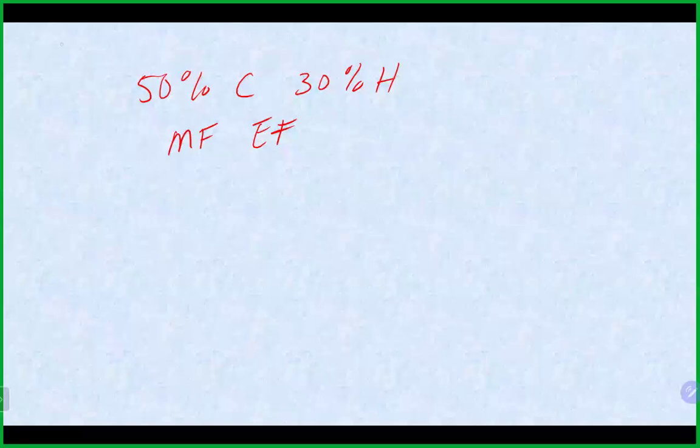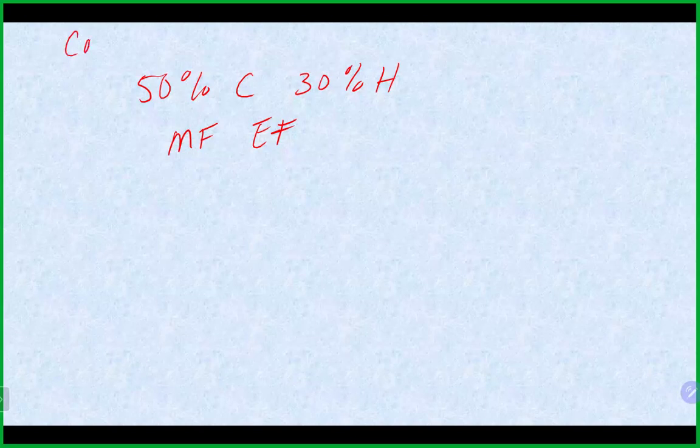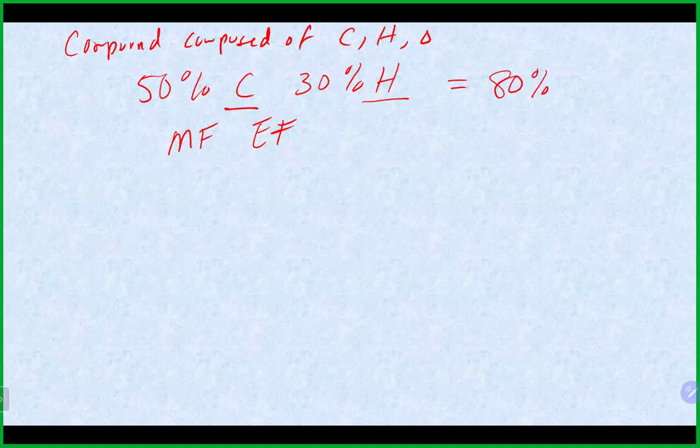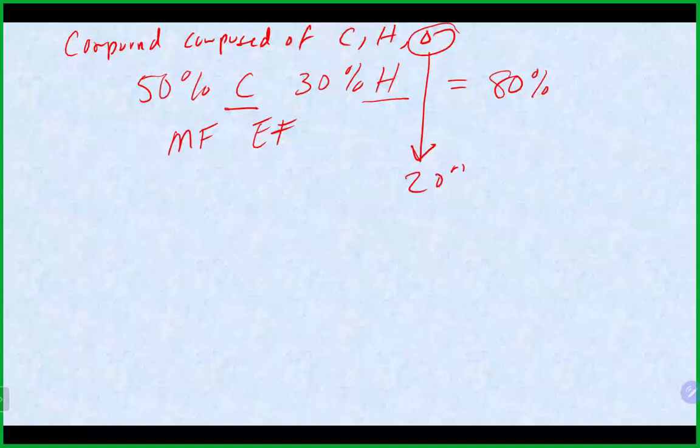But somewhere maybe at the beginning, they say something like, hey, this is a compound that's composed of carbon, hydrogen, and oxygen, right? You would need some type of information like that. At this point, what we would know is it's definitely 50% carbon, and it's 30% hydrogen, which if you add up those percentages is 80%, right? That would mean that although it wasn't directly given to you, the amount of oxygen there would be 20%, yeah? And you could get that by just taking 100% minus that, and that will get you the missing one.